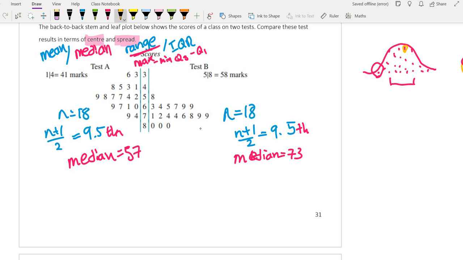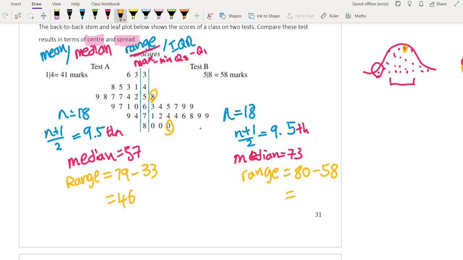So the range is 79 minus 33. So that's going to be 66. Nope, 46. And then for this one, the range is the highest minus the lowest. So that's 80 take away 58, and that's going to be 22.